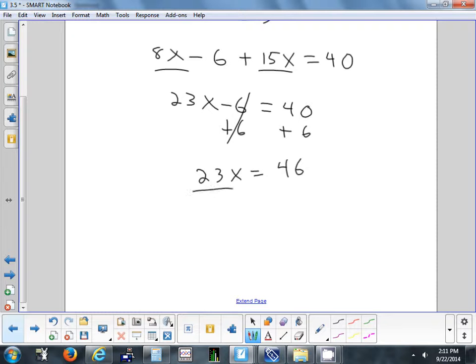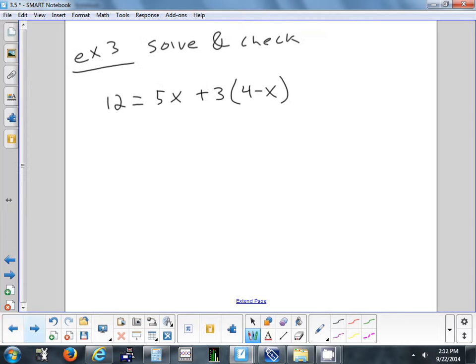You're gonna divide each side by what? 23. 23, perfect. All right. And what does that give you? What's 46 divided by 23? 2. Right, so x equals 2. All right. Good job, guys. So why don't you guys try this one on your own?